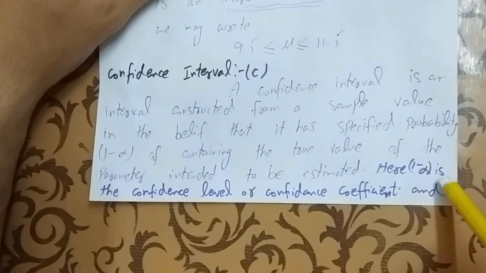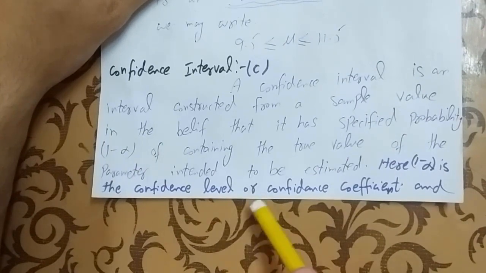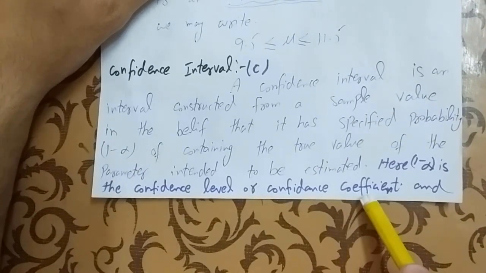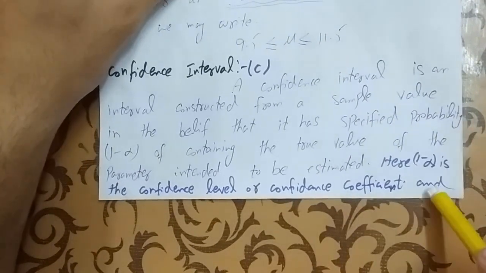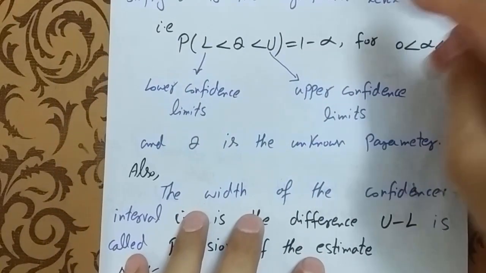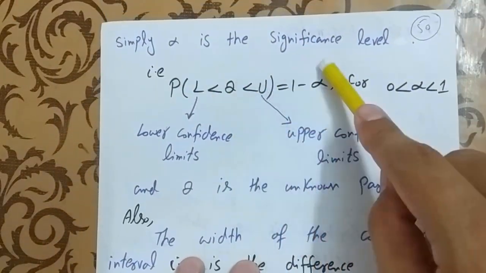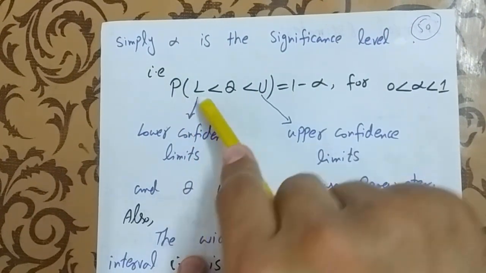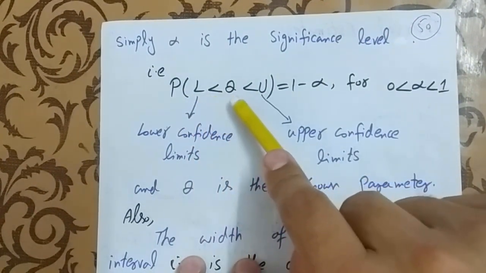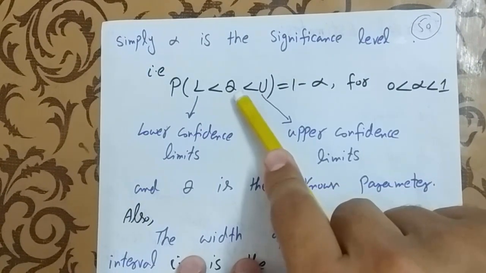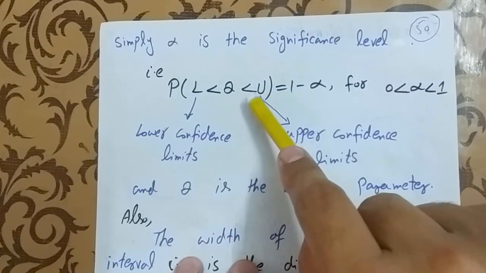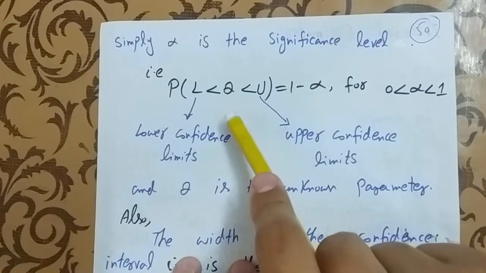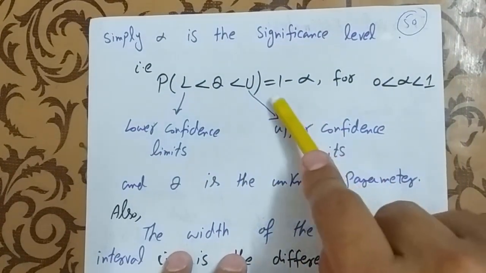Here 1 minus alpha is the confidence level or confidence coefficient, and alpha is the significance level. That is, the probability that the lower confidence limit L is less than theta, the parameter of that problem, which is less than U, the upper confidence limit, is equal to 1 minus alpha.